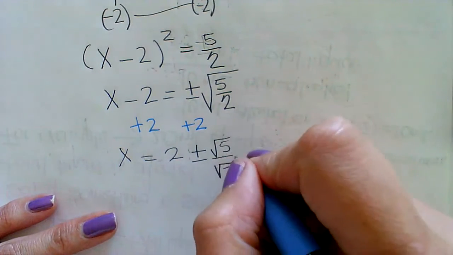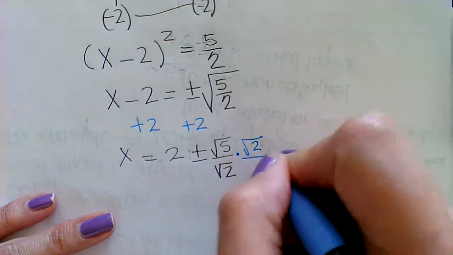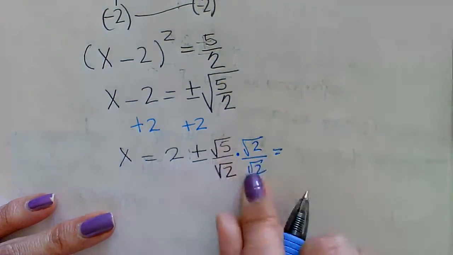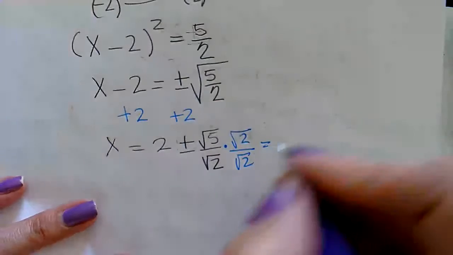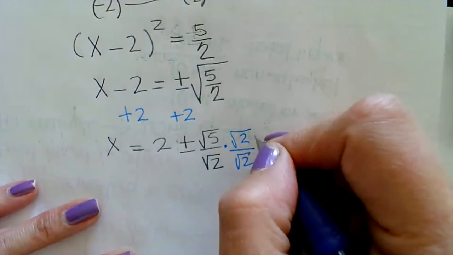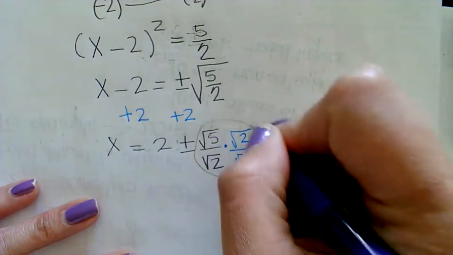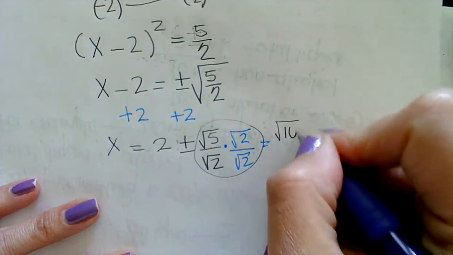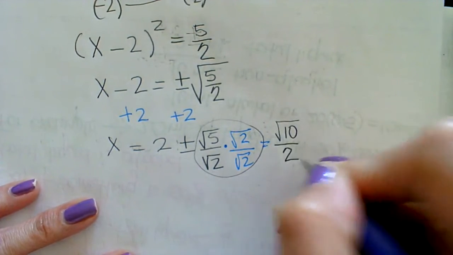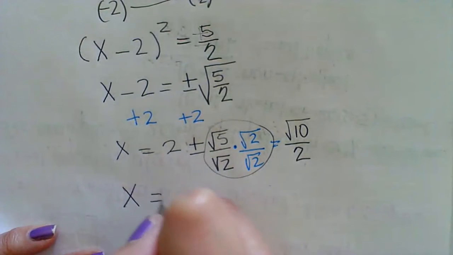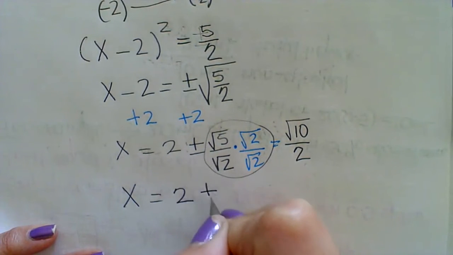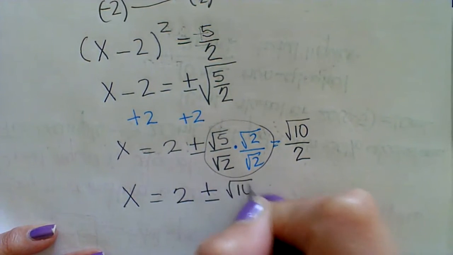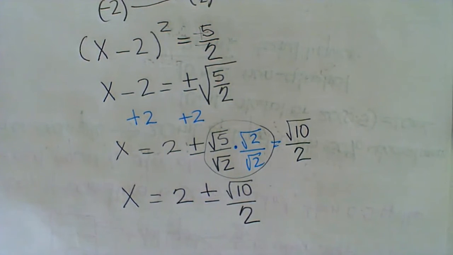So we're going to have to multiply by the square root of 2. That's going to be a square root of 10, and this is going to be 2. So x is equal to 2 plus or minus square root of 10 divided by 2.